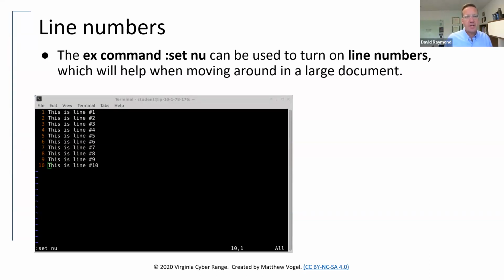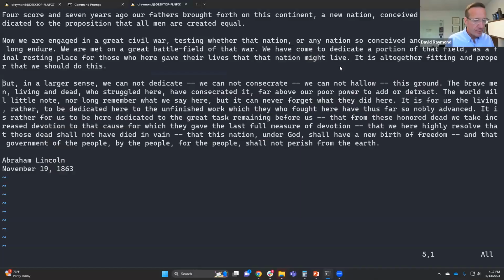So here's another command that's pretty useful. The X command :set NU will add line numbers to my document. Remember, to get to the X command, I hit a colon.